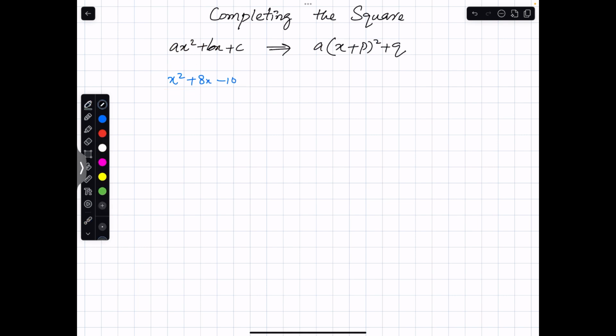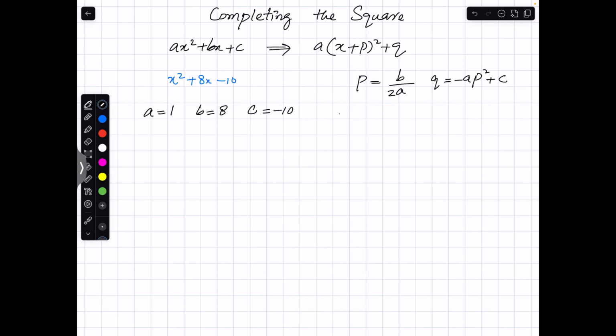Again, I will write here that p will always be equal to b divided by 2a, and q will be equal to minus a into p square plus c. Now let's write that a is equal to 1, b, which is the coefficient of x, is 8, and c is equal to minus 10.